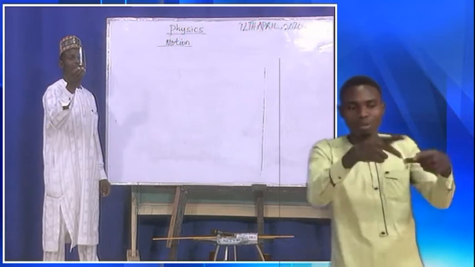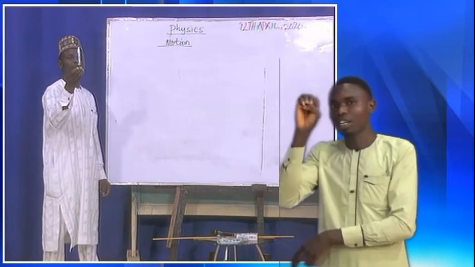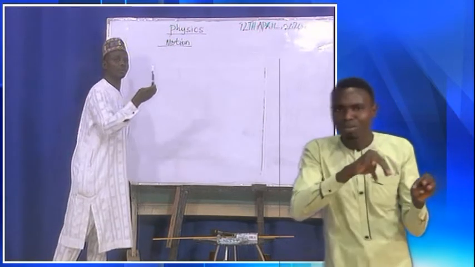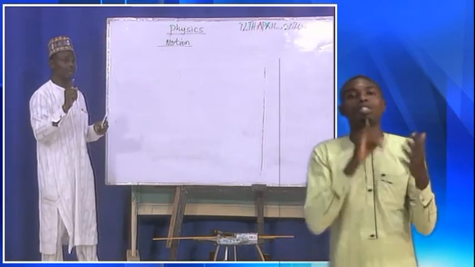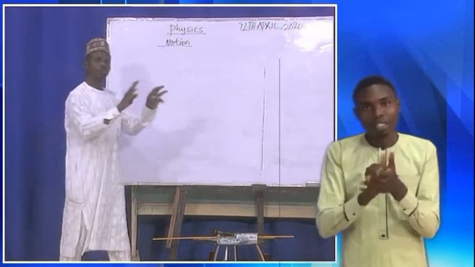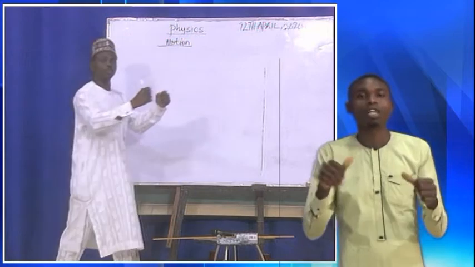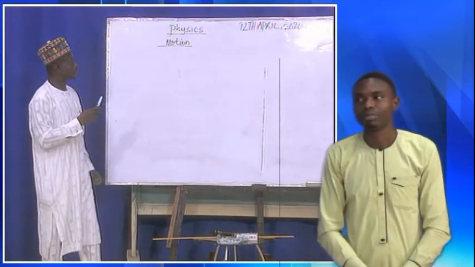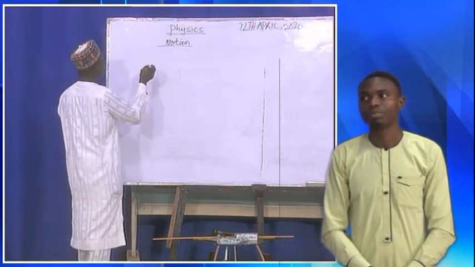Look at this. This is in rest. So if this one is moving, it's doing what is called motion. And it cannot move, remember, without a force. So you either push or you pull to obtain a motion using force. So let me define motion.